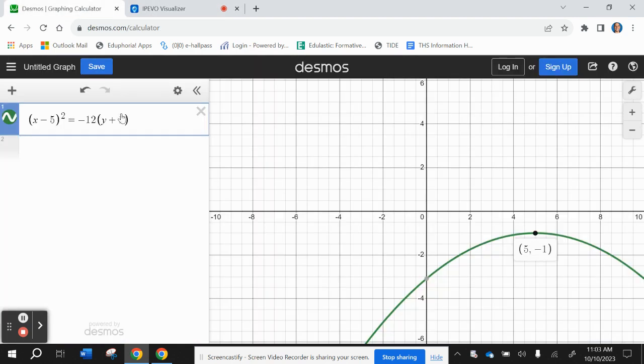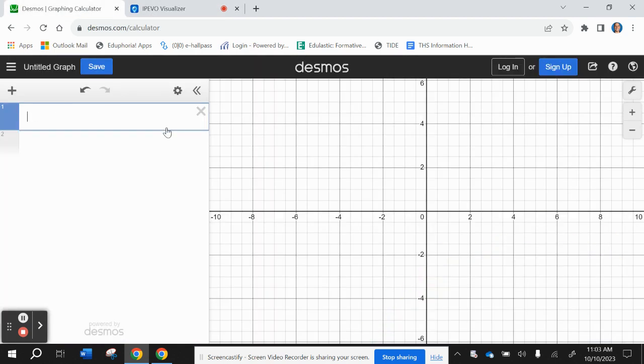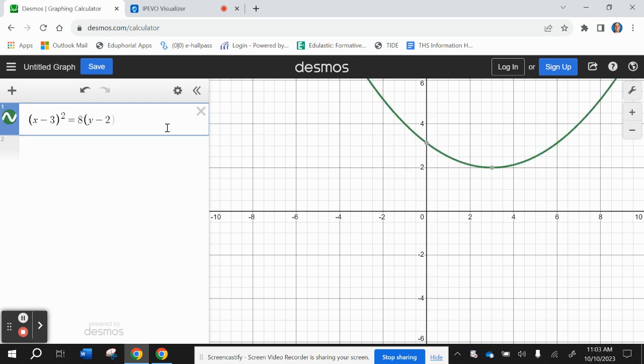So we can go and graph that. x minus 3 squared equals 8, parentheses y minus 2. So our vertex is 3, 2. We have a point negative 1, 4.